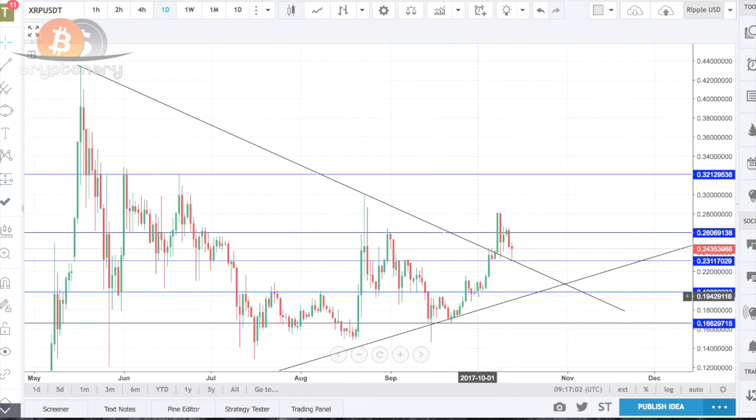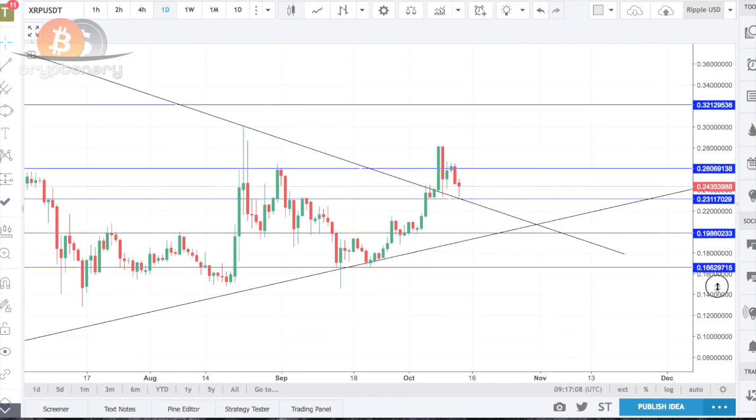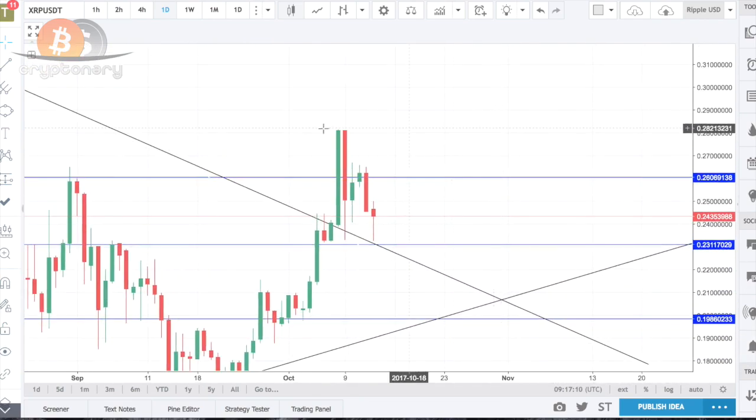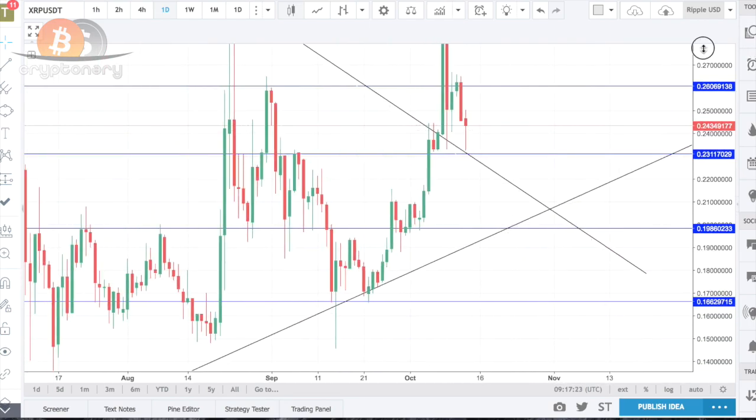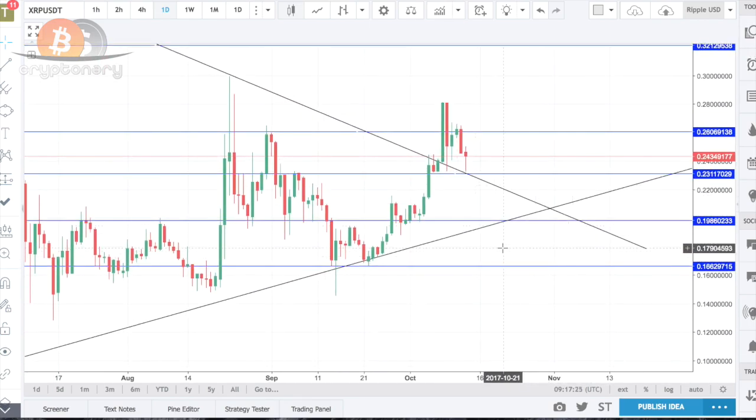All of the levels were met to the T. We respected the support, broke through, retested the counter trend. But not only did we retest the counter trend, we also retested the support level we had set up for almost 3 months. So guys, again, very short support and resistance levels. Keep them short. There's no need for wide support and resistance levels. It does not work that way.